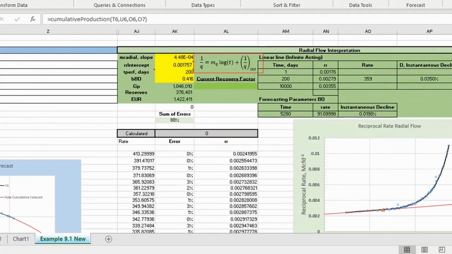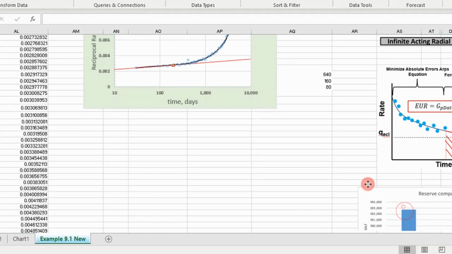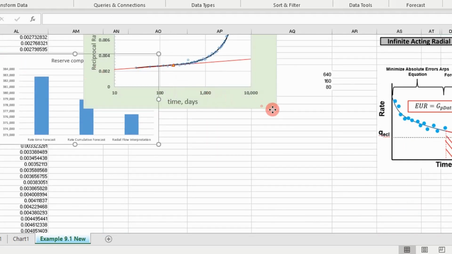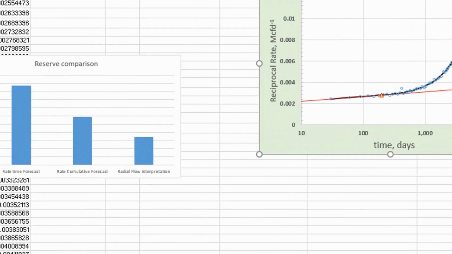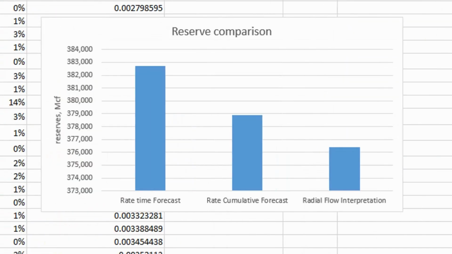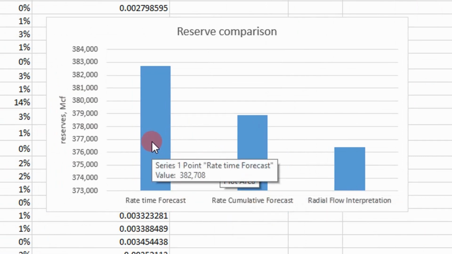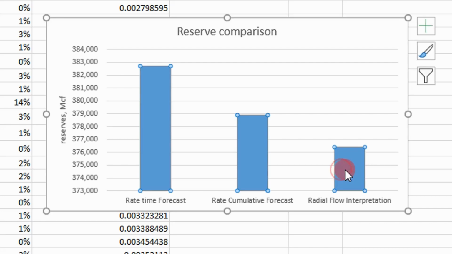But anyways, so if we compare reserves, I've gone ahead and plotted it here. So this is our radial flow interpretation, our rate cumulative interpretation and our rate time interpretation. You can see here that our radial flow interpretation predicted less reserves than both of those.